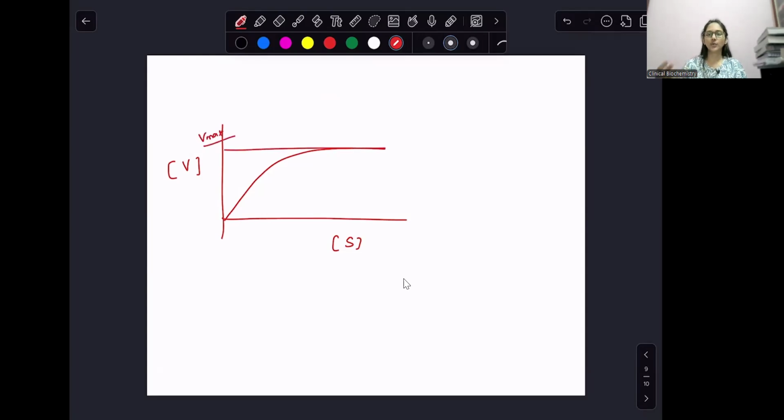You need to keep adding more and more substrate concentration, even to infinity, right? So you need to wait till infinite concentration to attain the maximum velocity, which is not practically possible. Yes, so that is why we have alternatives to calculate the Km and the Vmax. Those alternatives are the Lineweaver-Burk plot and two other plots that we will see.